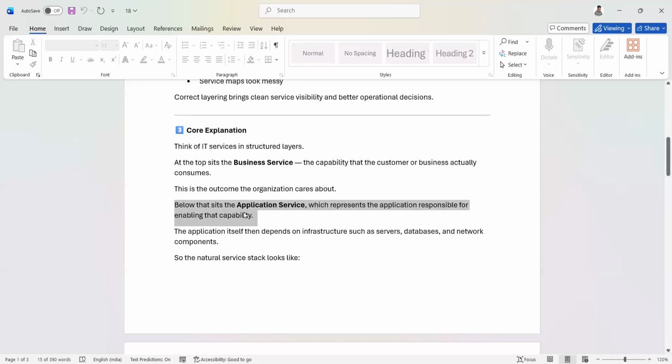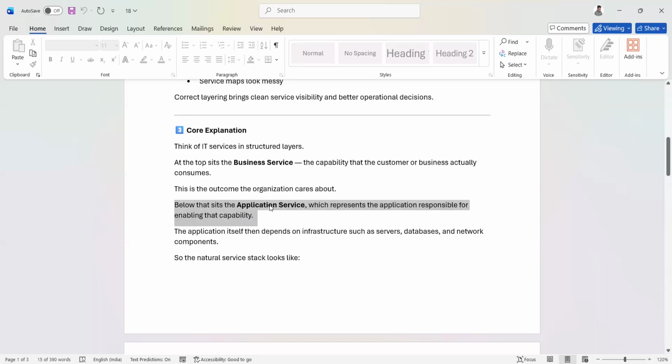Yes, the application service is 100% responsible for enabling the business service, because if there is no application, from where will you use the business service? So this is a direct relationship. There is a direct impact of application services on business services.